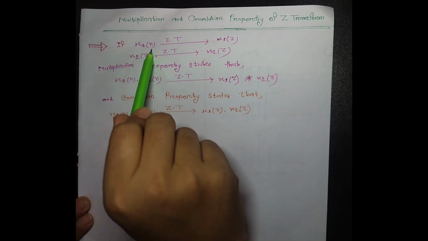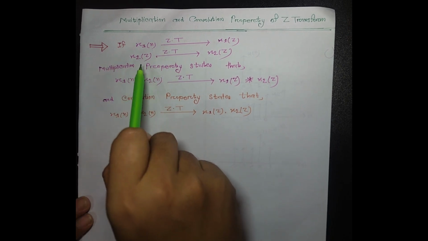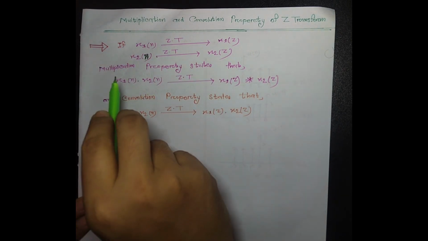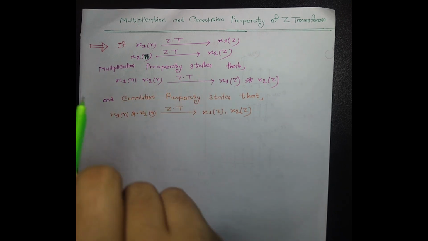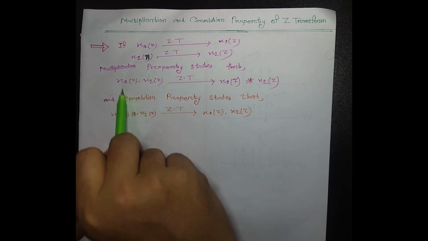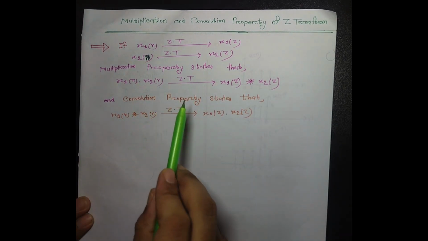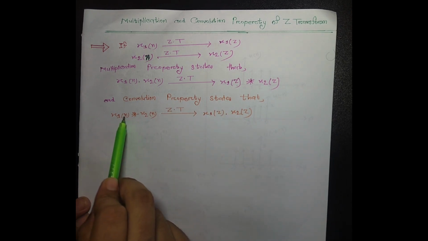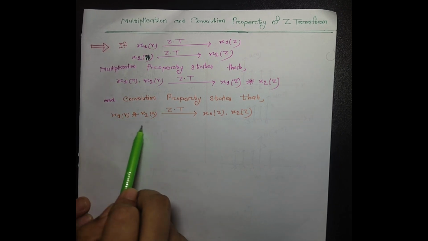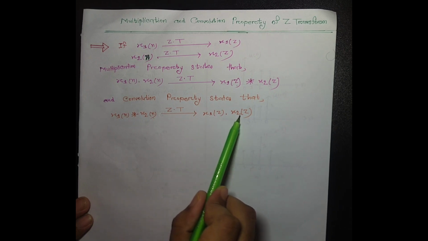If Z transform of x1 n is X1 z and Z transform of x2 n is X2 z, then the multiplication property states that the Z transform of x1 n into x2 n is X1 z convolution of X2 z, and the convolution property states that for x1 n convolution of x2 n, if we calculate the Z transform, then we will get X1 z into X2 z.